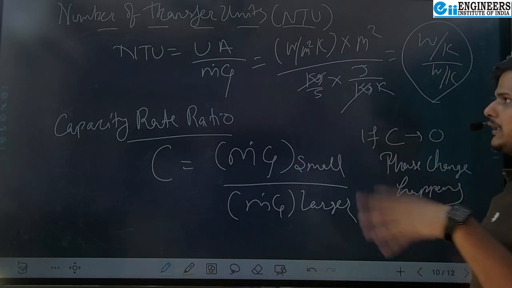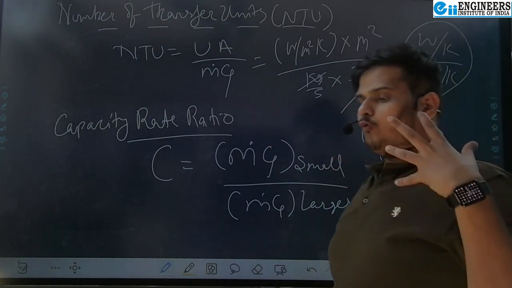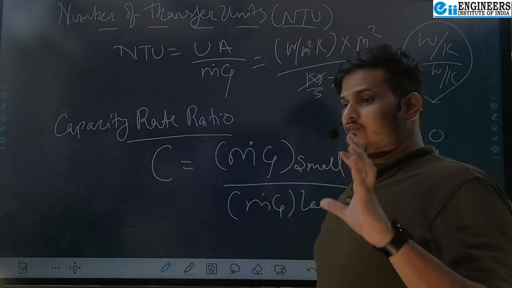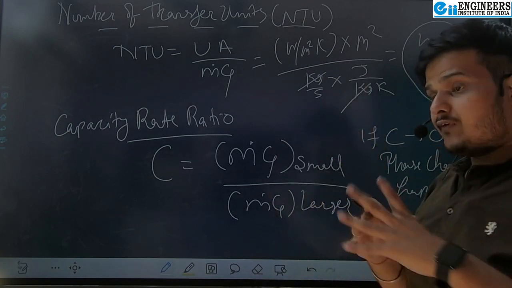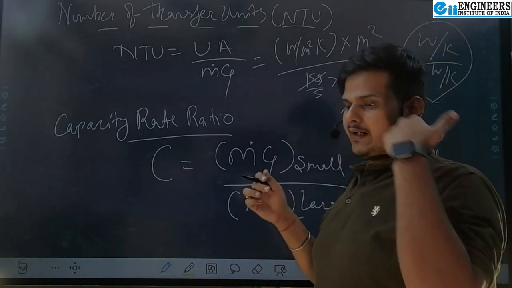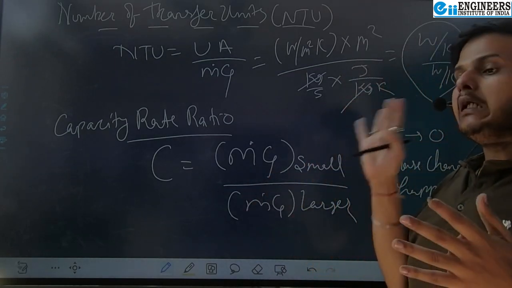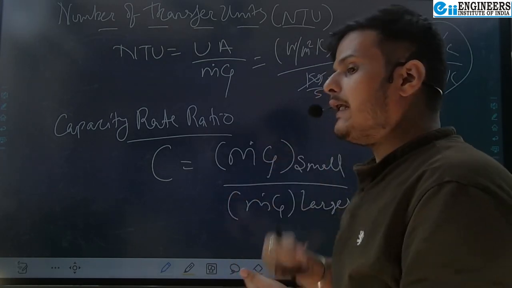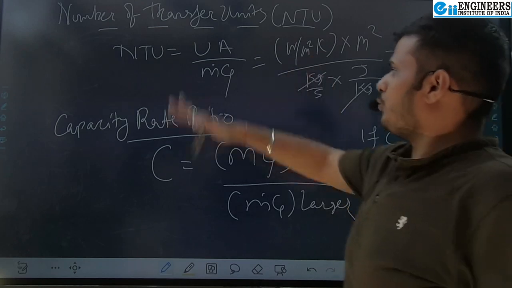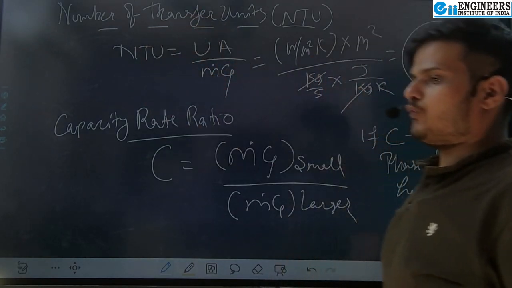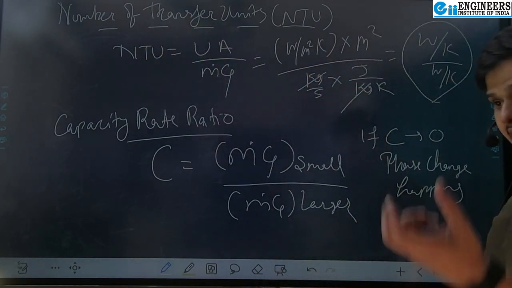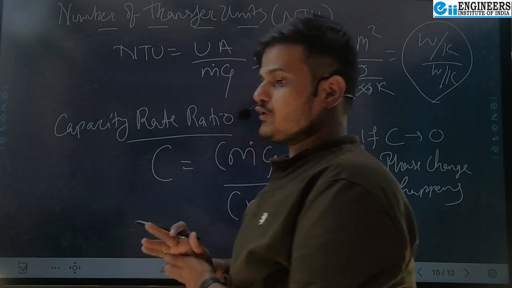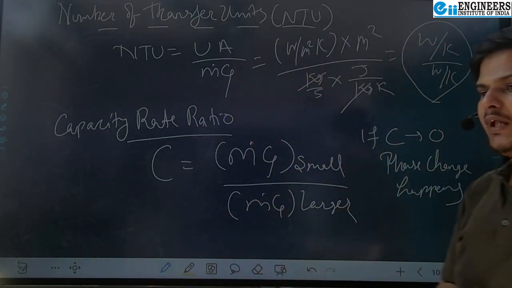So if you multiply U with A, what does it signify? The overall heat transfer coefficient multiplied with the area is the rate of heat transferred per unit temperature difference, and its ratio to the heat capacity of a system is shown by the number of transfer units of a given system. Then we will analyze the capacity rate ratio, that is the ratio of mCp small to mCp large.